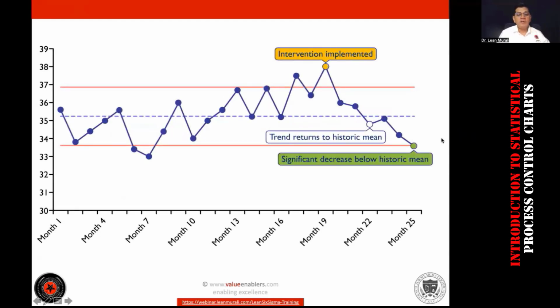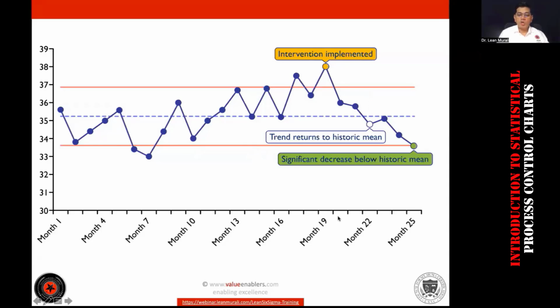Now, if you see here, there is an average because the data has an average, and there is also a standard deviation for the data. Plus 3 standard deviations you draw the upper control limit, and minus 3 standard deviations you draw the lower control limit. But if you see here, this point is going above the upper control limit. Whenever it goes above the upper control limit, it means a special cause exists.